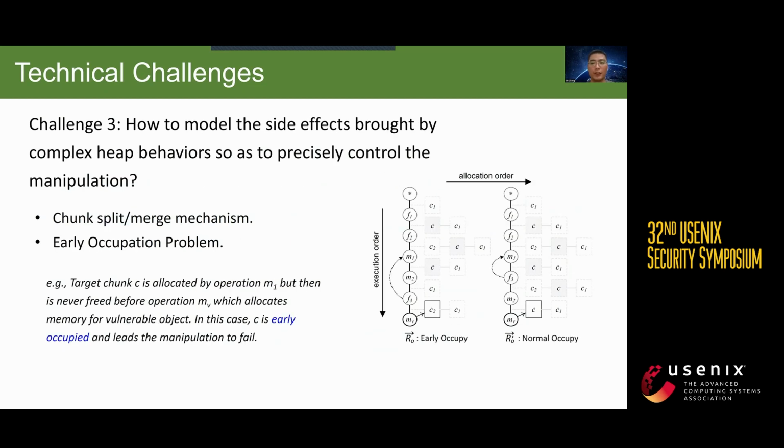The last challenge is how to model the side effects brought by complex heap behaviors such as chunk split, merge, and early occupation, so as to precisely control the manipulation. Here, early occupation means the target chunk is occupied early by an allocation that executes before the target allocation operation.